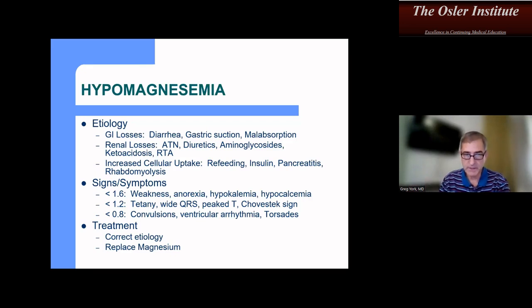So you're going to see some of the same identical symptoms with hypomagnesemia. So again, the treatment here is not to correct the calcium, but to correct the magnesium because it's what's low, and that's what's going to cause calcium metabolism, calcium to be low also.